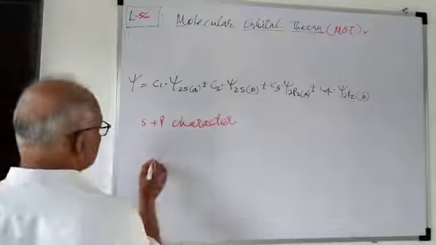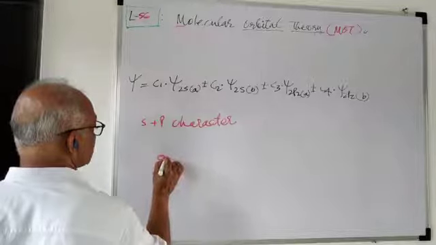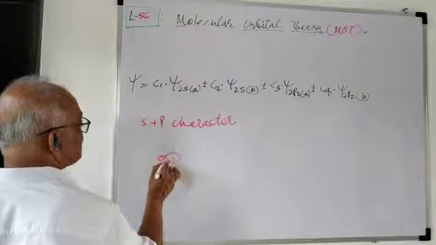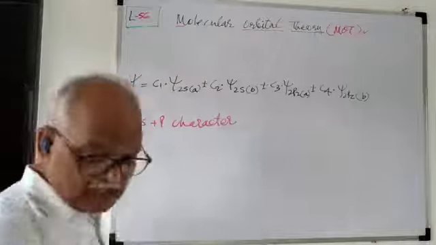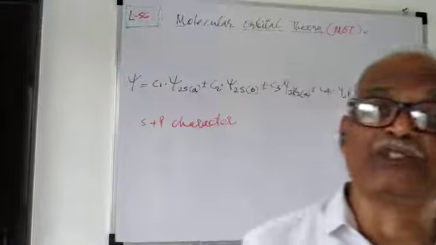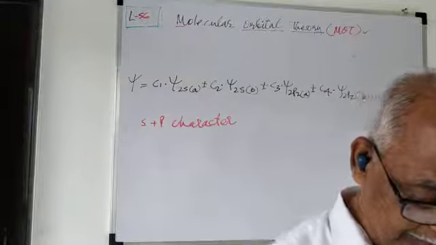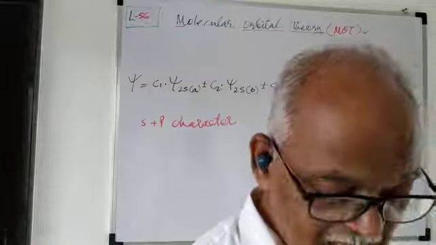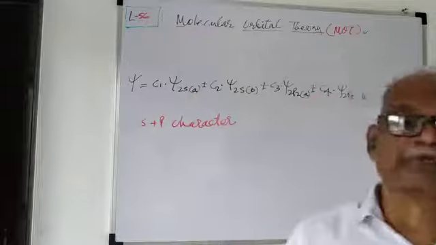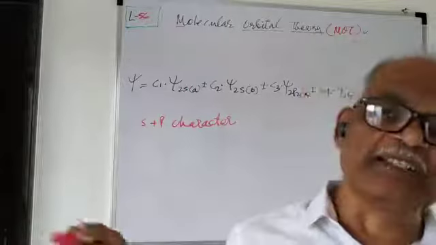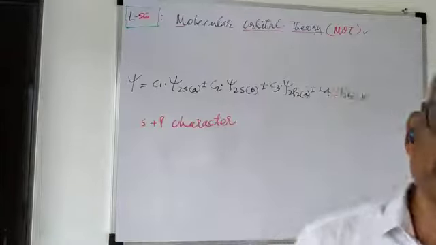So for example, there is a combination like this. So it will have some s characters and p characters. So the bond in the molecule will also show some s characters and p characters. So these four molecular orbitals that are produced will show again the same result which we have shown in the diagram for orbital mixing. What are the results?